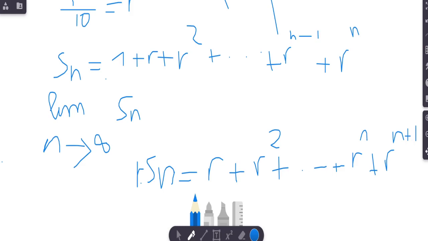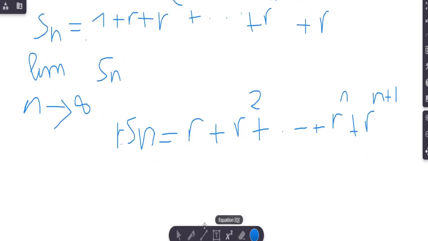So now if you subtract r Sn from Sn, okay, let's write Sn minus r Sn.